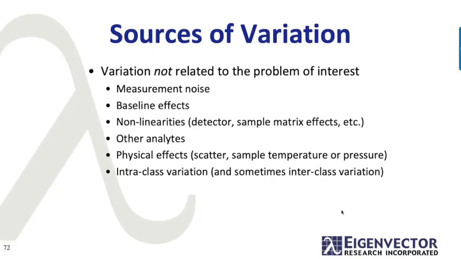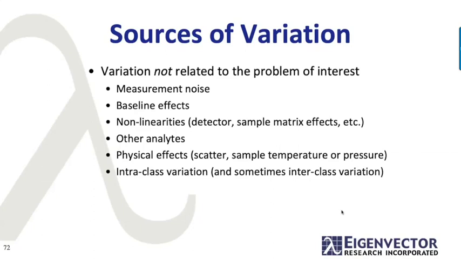Sources of variation that are not related to your problem of interest include measurement noise and baseline effects. We saw that in at least one sample in our data set. Also nonlinearities from the detector or sample matrix effects. Of course, the presence of other analytes that we don't care about will add variation to a data set.